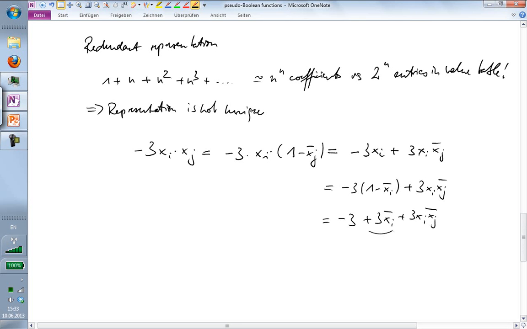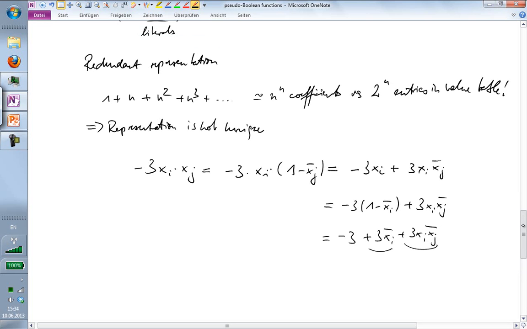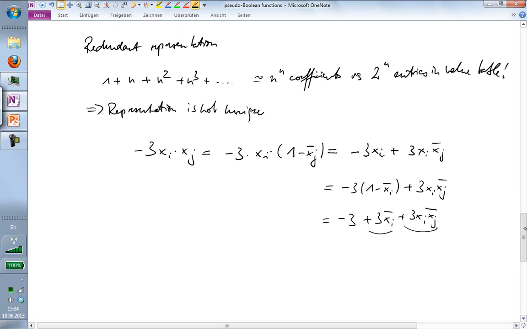Okay, and then these terms here would have to be added up. Presumably I have other contributions of this form, let's say of xi not xj, and they would have to be added up. But anyway, you can always find non-negative coefficients in this way.